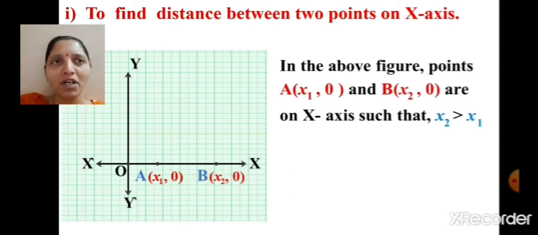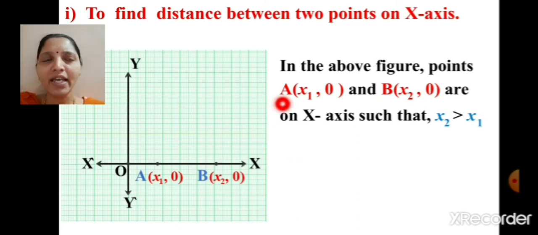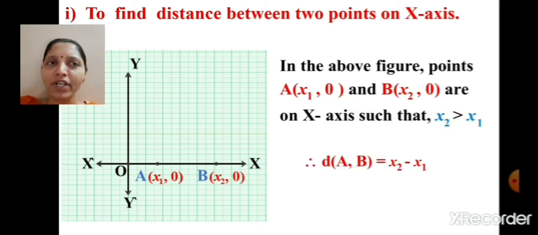In this figure, points A (x1, 0) and B (x2, 0) are on the x-axis such that x2 is greater than x1. Then the distance between points A and B is equal to x2 minus x1.